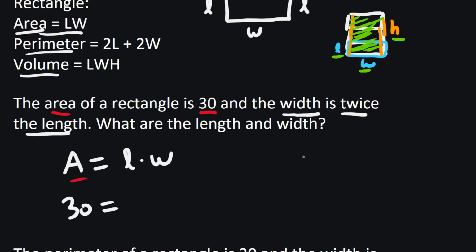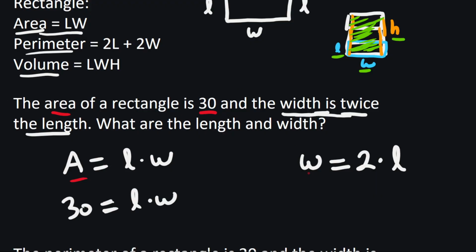So the width, W, equals 2 times the length. W equals 2L. That's what that sentence translates to in mathematics. The width is twice the length. W equals 2L. So, so far in our formula we have 30 equals L times W.